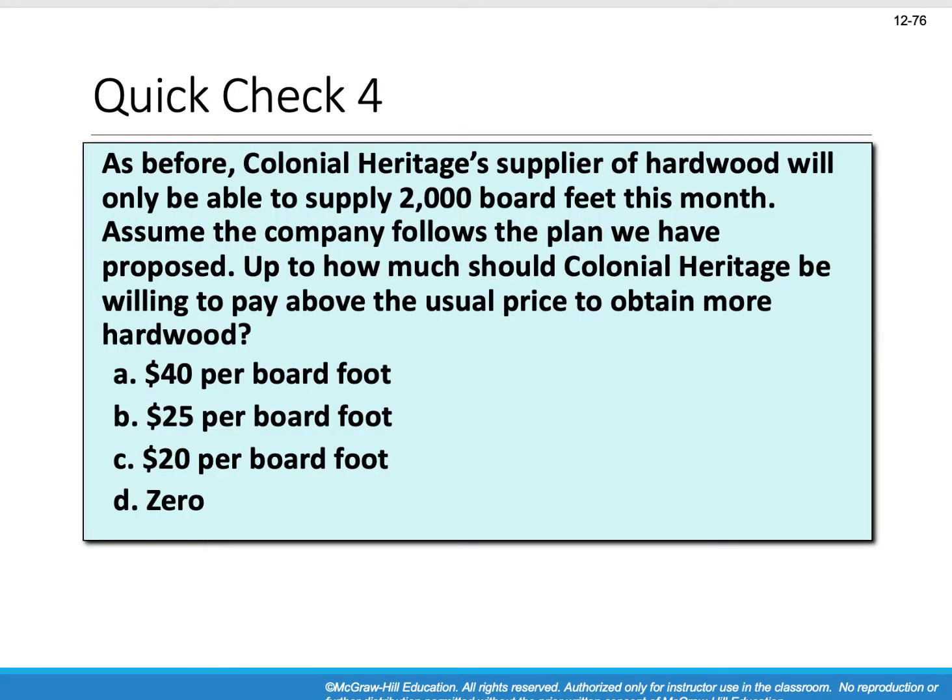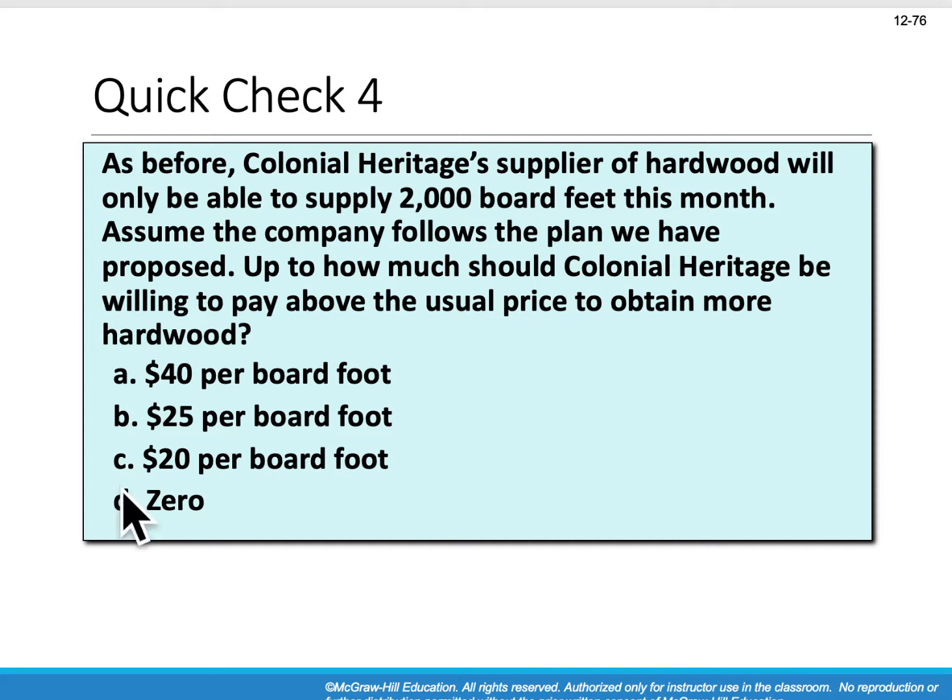Let's see here. As before, Colonial Heritage's supplier of hardwood will only be able to supply 2,000 board feet this month. Assume the company follows the plan we have proposed. Up to how much could Colonial Heritage be willing to pay above the usual price to obtain more hardwood?